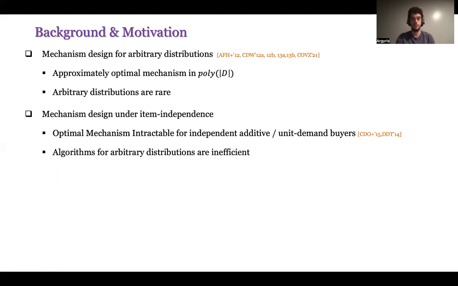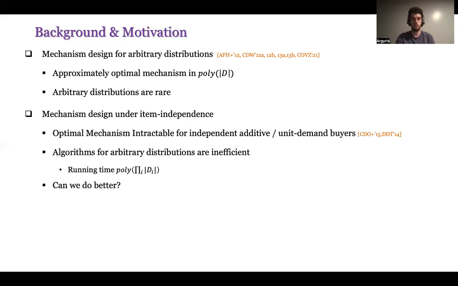Moreover, under item independence, algorithms for arbitrary distributions run in time polynomial in the support of the buyers, which is exponential in the natural description of the problem, as they are agnostic to the structure of the buyer distributions. So the question is whether we can compute approximately optimal mechanisms in polynomial time.